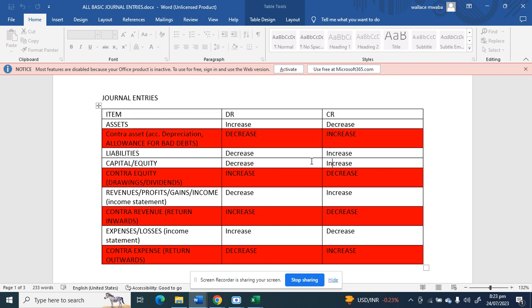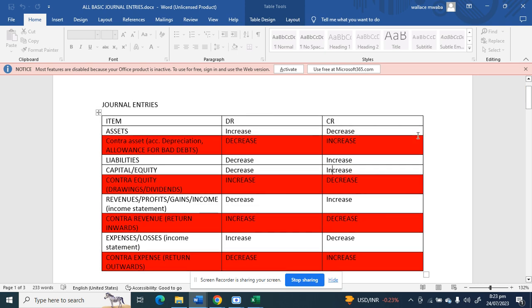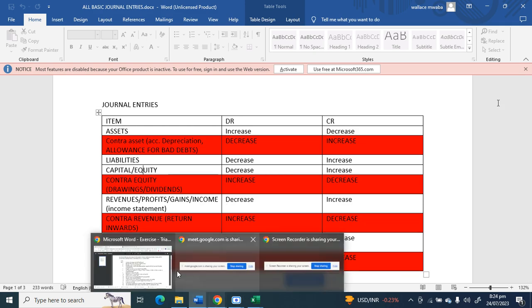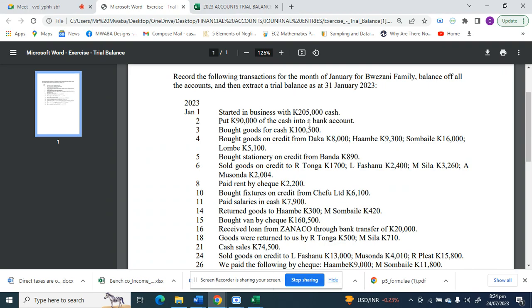It's double entry rules. On capital, capital. Wonderful. Madam Natasha, is that okay?